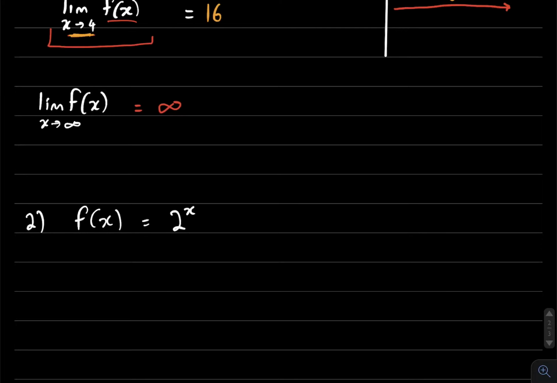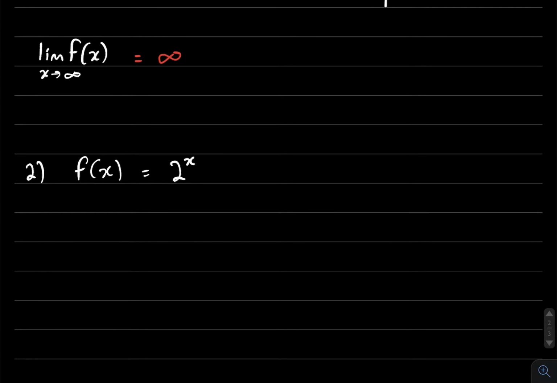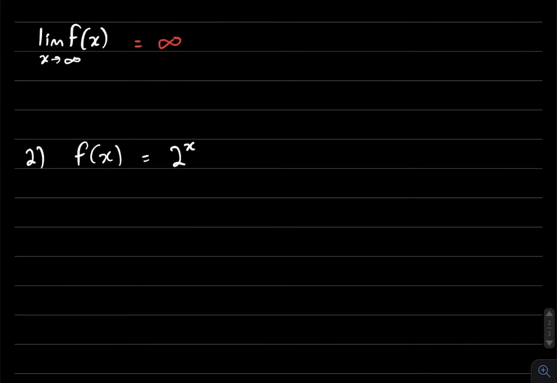Okay, so I want us to evaluate this, but without drawing out the graph. So how would we go about doing that? The way we would do that is look at the behavior of this function as x gets bigger and bigger. Does it keep on getting bigger, or does it slow down at some point? That will tell us whether the limit is infinity or it's some other value.